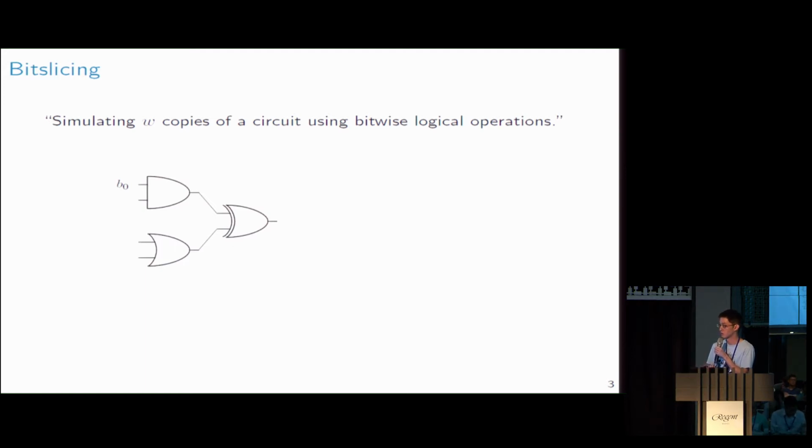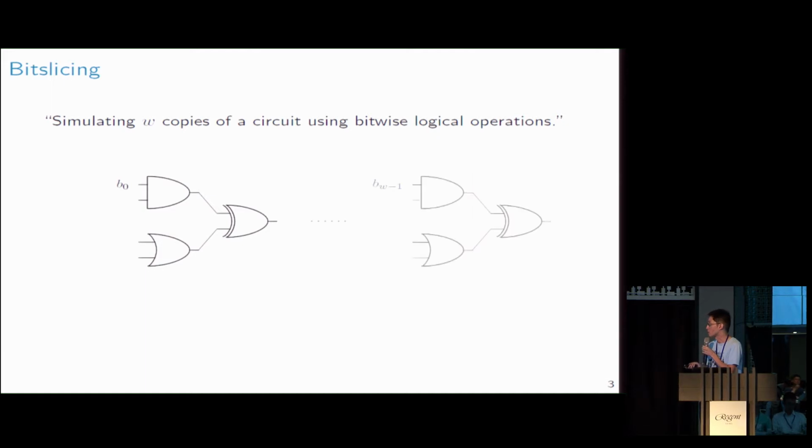Eventually, you get the result, also in the first bit. But as you can see, this is wasting computing resources quite a lot, because the remaining W-1 bits you didn't use at all. So the idea of bit slicing is to also make use of these W-1 bits. As a result, you're essentially simulating W copies of the circuit.